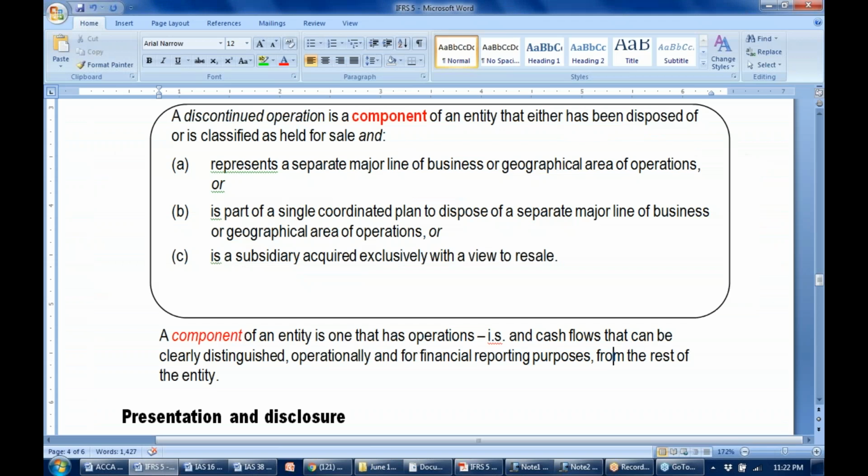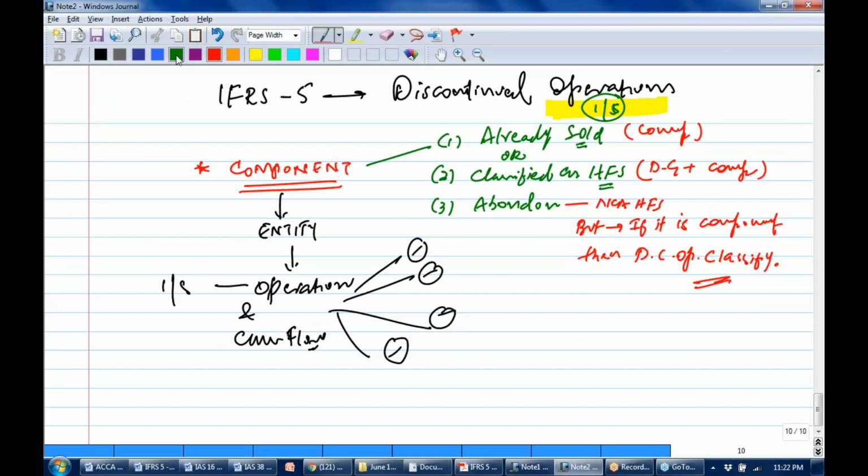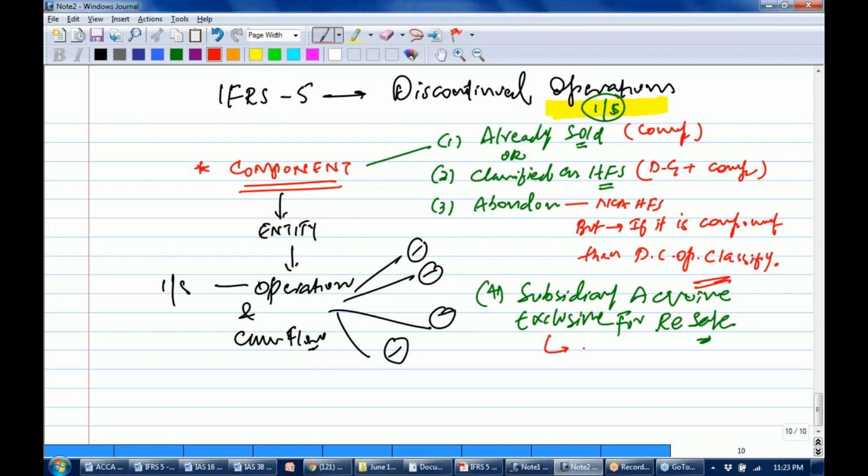And a very important thing: any subsidiary acquired exclusively for resale, by default, is classified as discontinued operations.